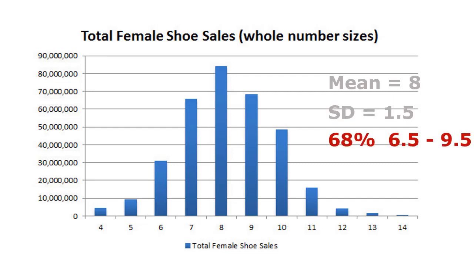And that is that if you take the mean, the average of 8, and you go plus or minus 1 standard deviation, that would be a shoe size of 6.5 to 9.5. That's 1.5 shoe sizes above and below the mean. And 68% of the population will possess a shoe size between 6.5 and 9.5.